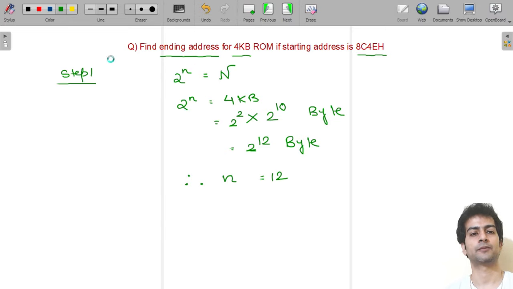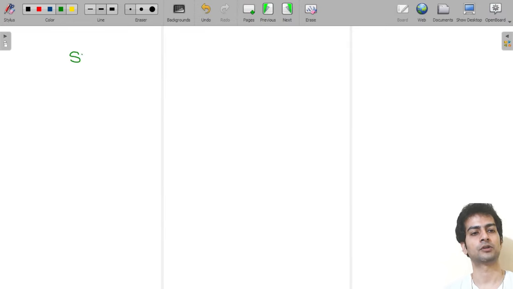Now coming to step 2. We will represent this number of address lines with an equivalent number of ones. There are 12 address lines, so we will write 12 ones.